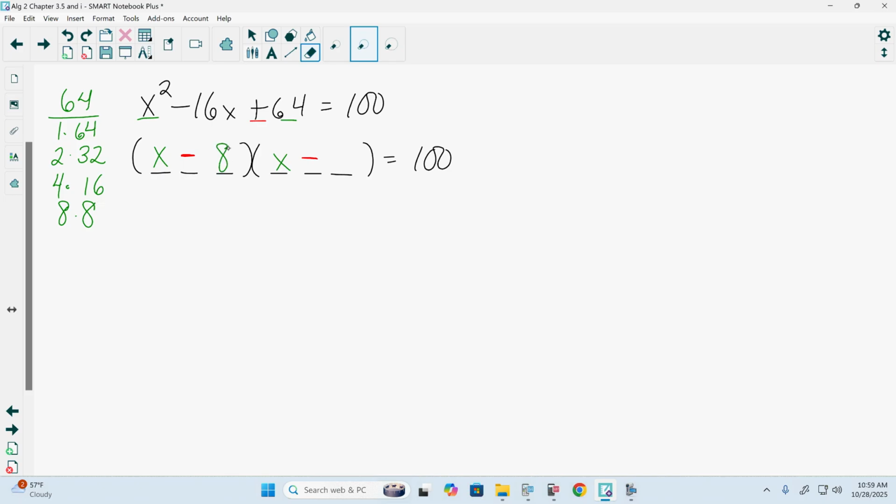We're going to use 8 and 8. And if we check this, x times negative 8 is negative 8x. Negative 8 times x is negative 8x, which does give us negative 16x.